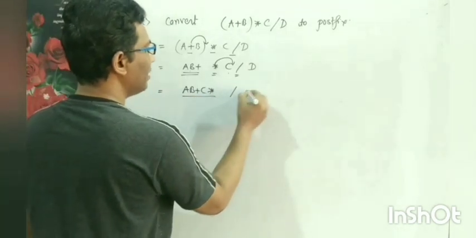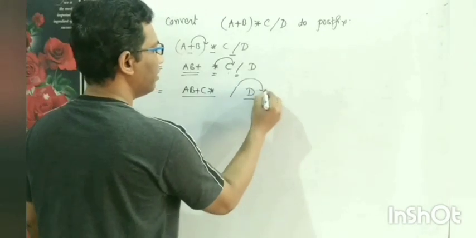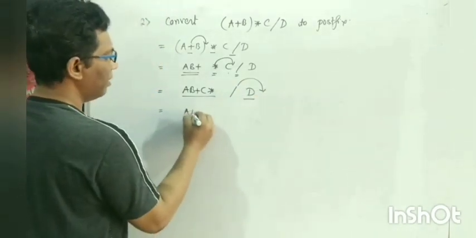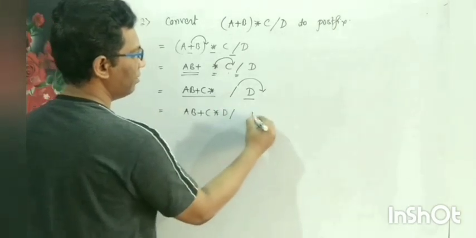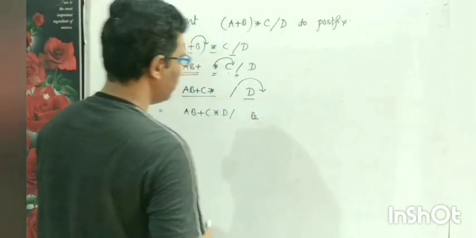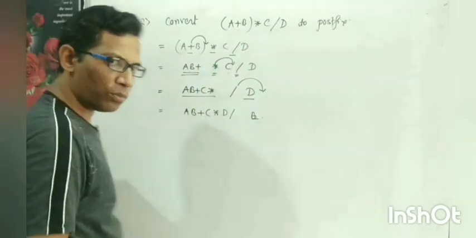Now only division is left, so division will be placed after d, and the expression becomes ab plus c into d divide. So this is the postfix of the expression a plus b into c by d.